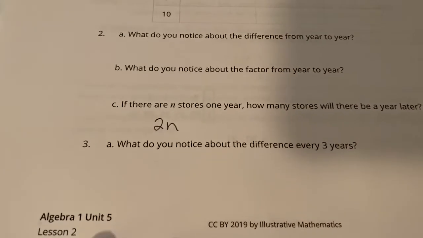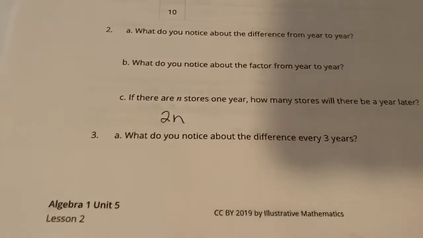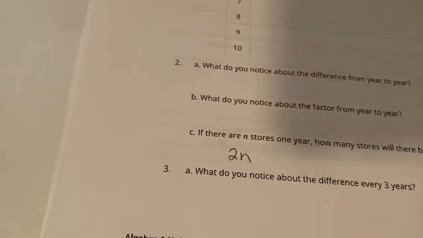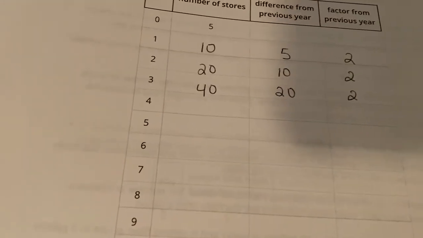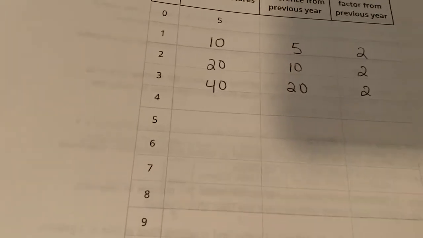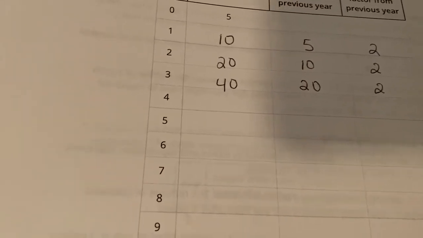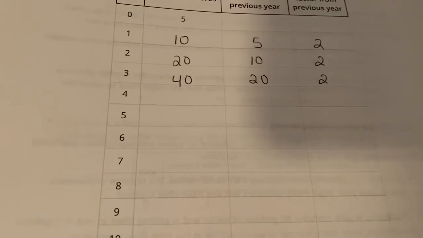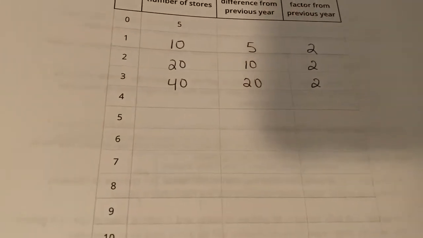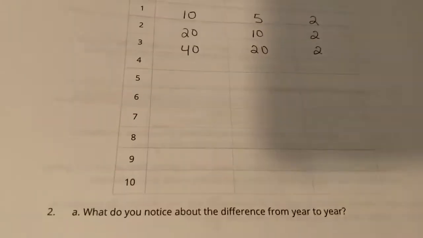Now it says, what do you notice about the difference every 3 years? Well, we have 5 and then 10 and then 20. Every 3 years, it's going to continue to change. But what about your factor every 3 years? Let's look.